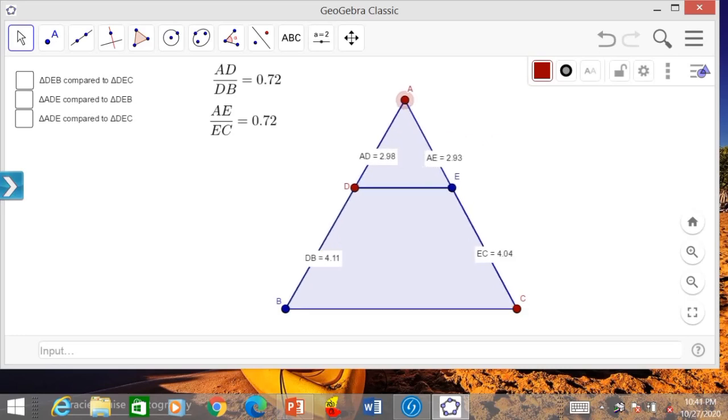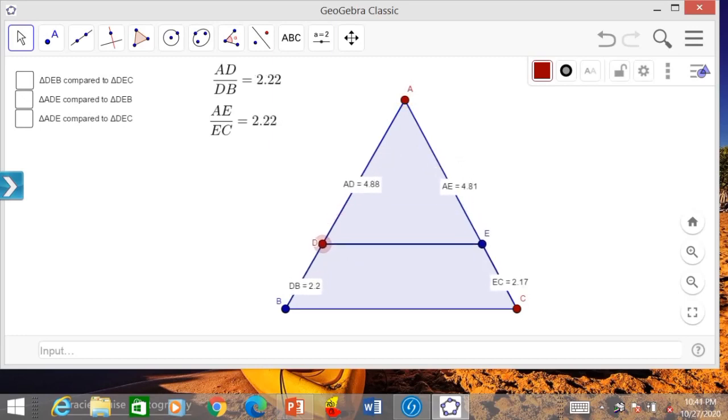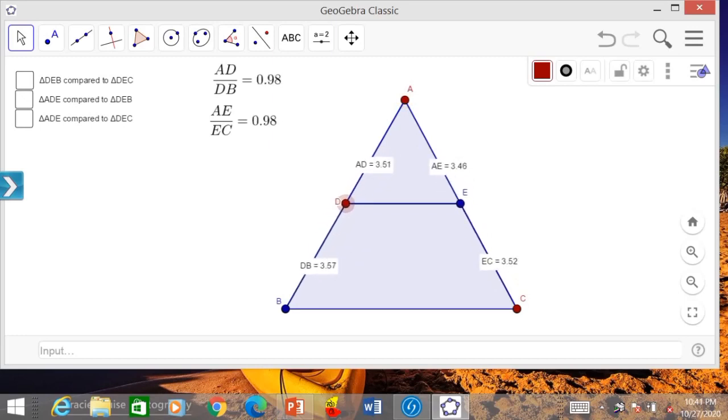If DE is drawn parallel to BC, then the ratio AD by DB will be equal to AE by EC. This is known as Thales theorem. Now see here, AD is 3.78, DB is 3.3.